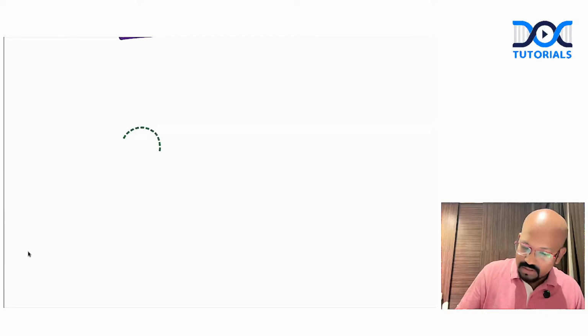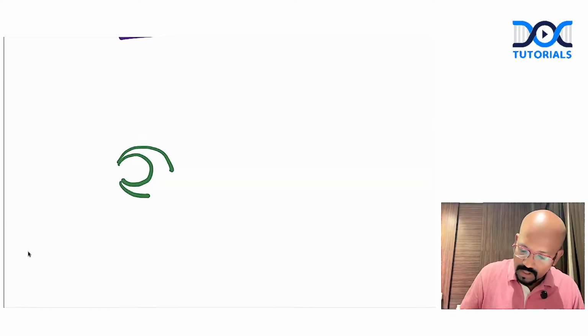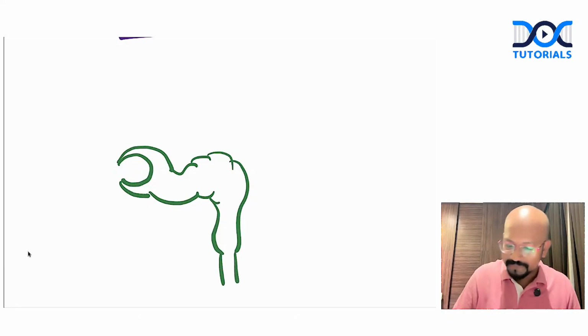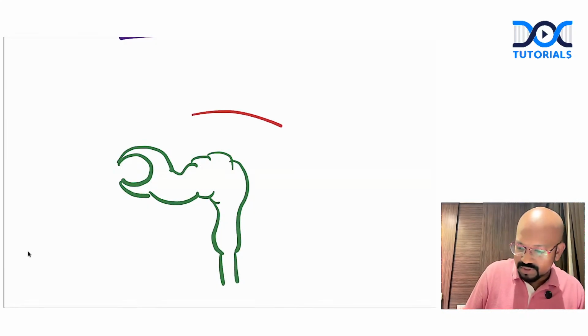Again, consider here is where your glomerulus is. We have the glomerulus and we have the proximal convoluted tubule and the descending limb of Henle's loop. Here we have blood vessels, my dears.